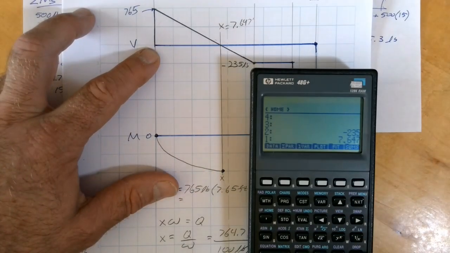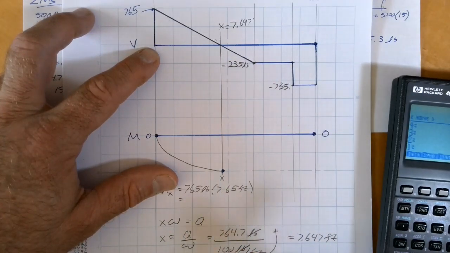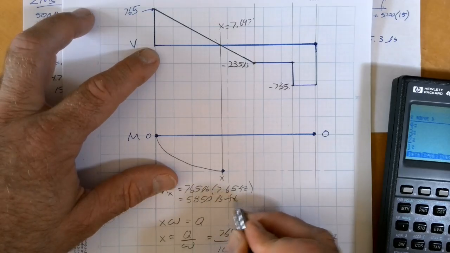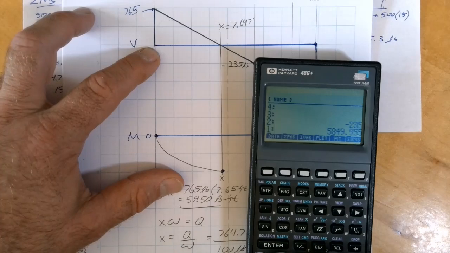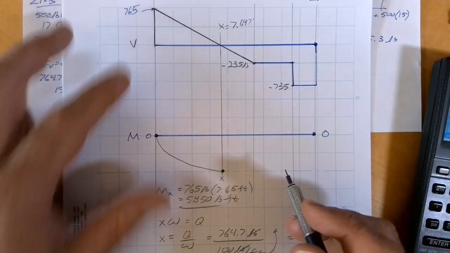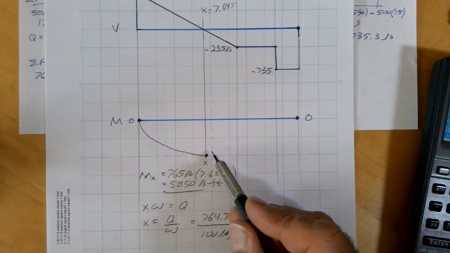So I'm just going to crank that out. I have the first part already, times 765. That's interesting. The numbers are very similar. So I have 50 pound feet. So 765, 765, 58, okay. Alright, so that's my moment at X.